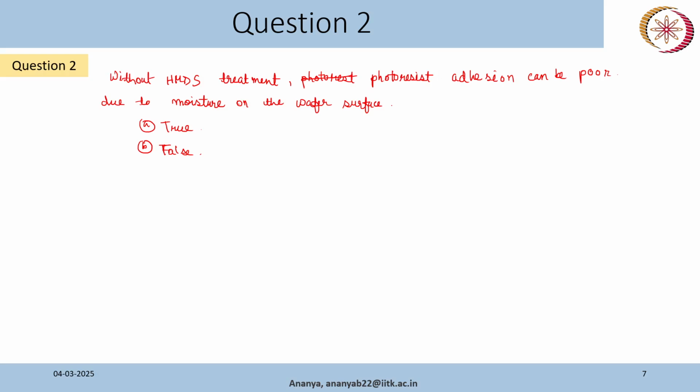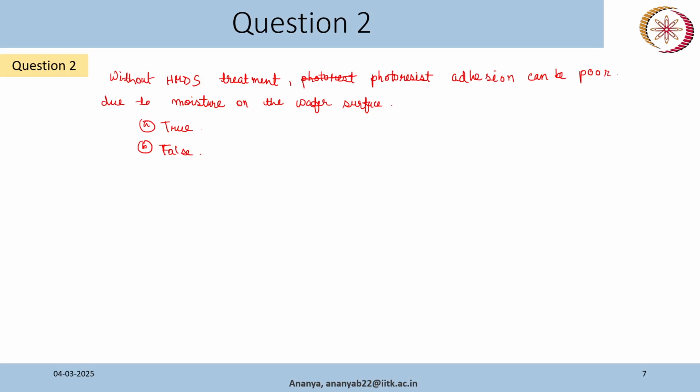Even if you dip it in HF solution, hydrofluoric acid, to remove SiO2, and you take it out, after some time there will be an SiO2 layer. It will be a few nanometers. You are not doing growth of SiO2 at a high temperature, but there will be a few nanometers. So that is the native oxide. Okay, and SiO2 is hydrophilic in nature, so it attracts moisture.